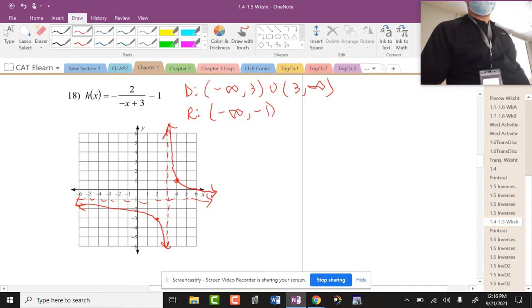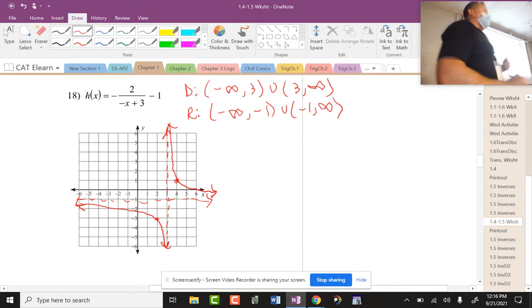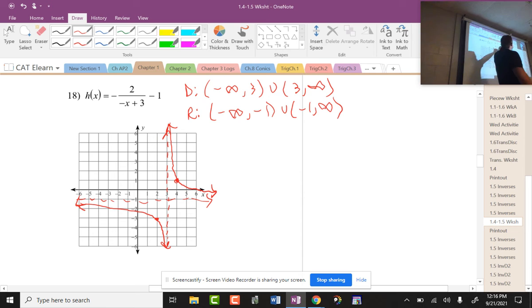And then I could already tell you what the domain and the range of the inverse will be. These two flipped. The inverse will have a domain of everything but negative 1, and a range of everything but 3, and we'll prove it.